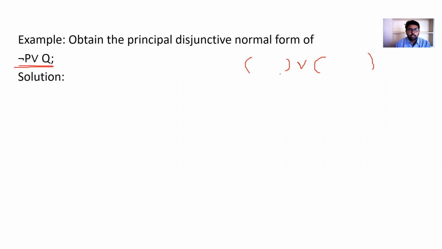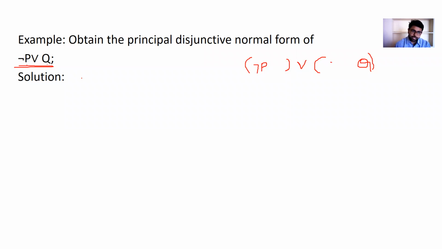Here I have a negation P and here I have a Q. In the first step, you need to identify how many variables are there in the formula. There are two variables, one is P and another one is Q.